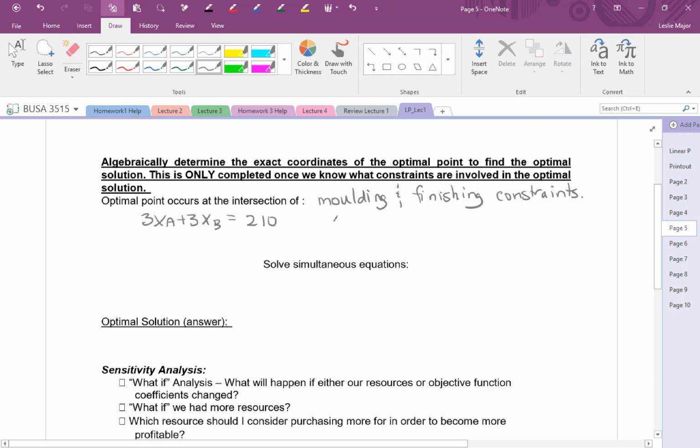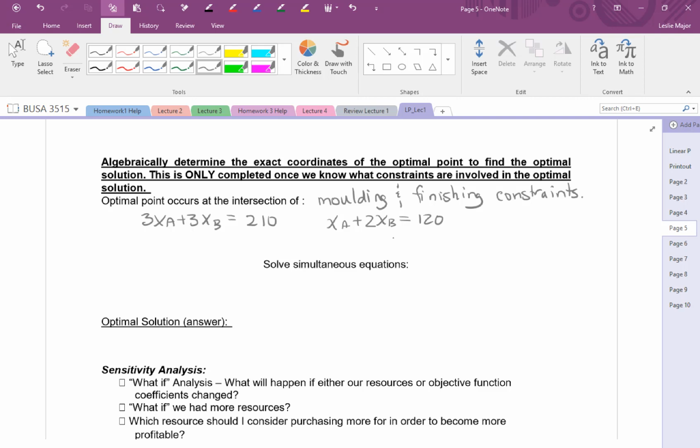Finishing was where XA plus 2XB was less than or equal to 120, but again, we're right at the edge of both of those constraints, so we're going to switch those less than or equal to symbols to strictly equal to symbols. If that makes no sense, don't worry about that, just follow the steps that I showed you before.